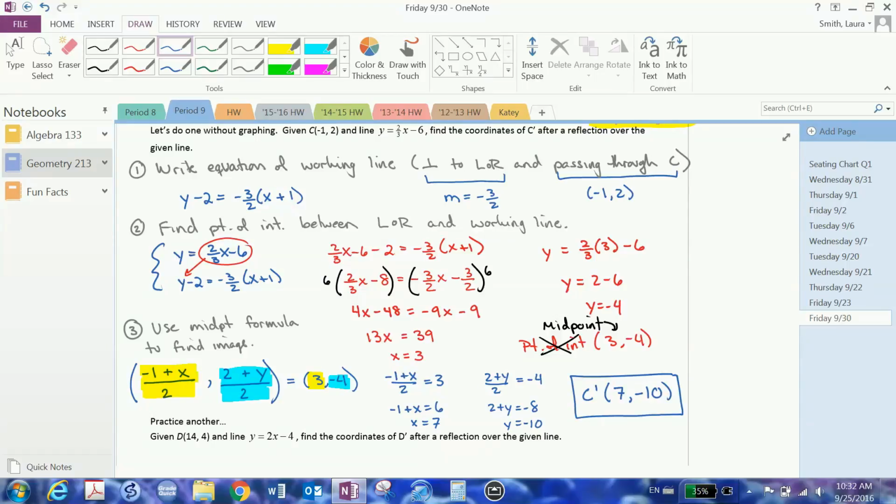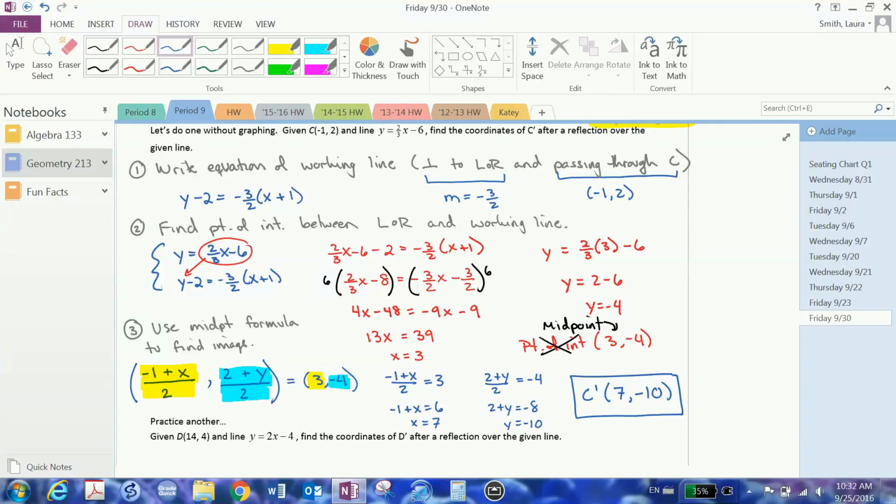Well, in this case, when we're doing it without the graph, we're going to find that point of intersection. Once we know that point of intersection, we know that that point of intersection happens to be the midpoint between the pre-image and the image along the working line. So we applied the midpoint formula and just worked backwards.